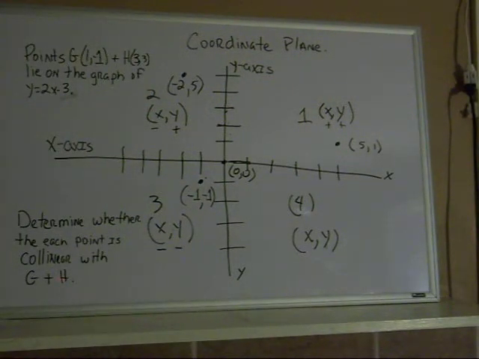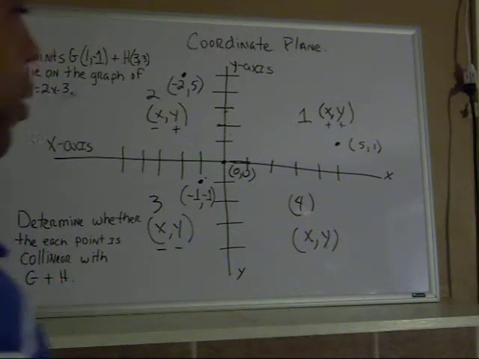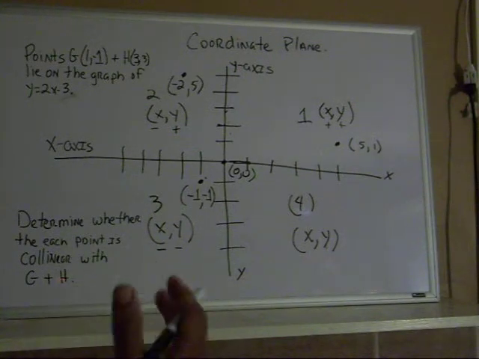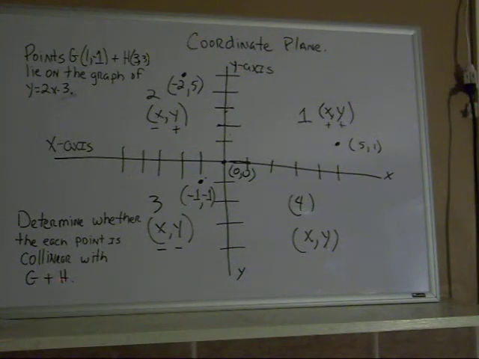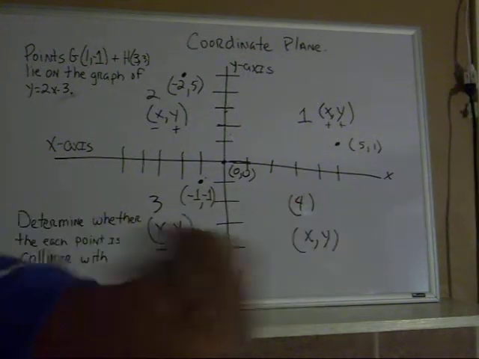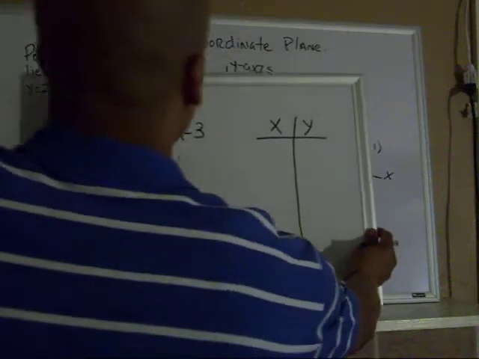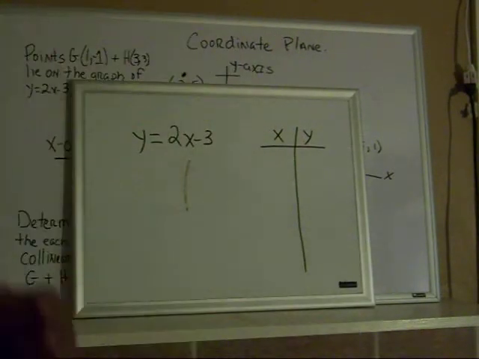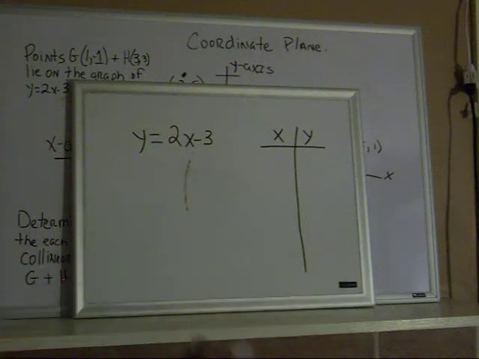Okay, so now we're going to talk about what's called collinear. A point being collinear means, does it fall on the line. So when we talk about collinear, we have a linear equation. Linear means line. So here's our linear equation. Now how can you tell if this equation is actually linear, or a straight line?